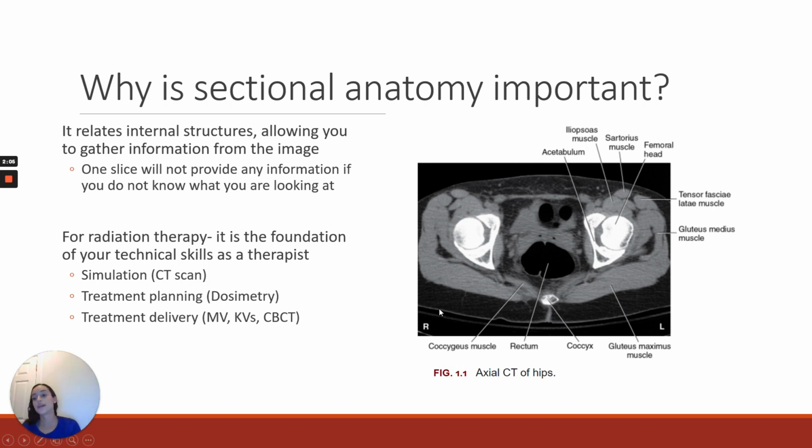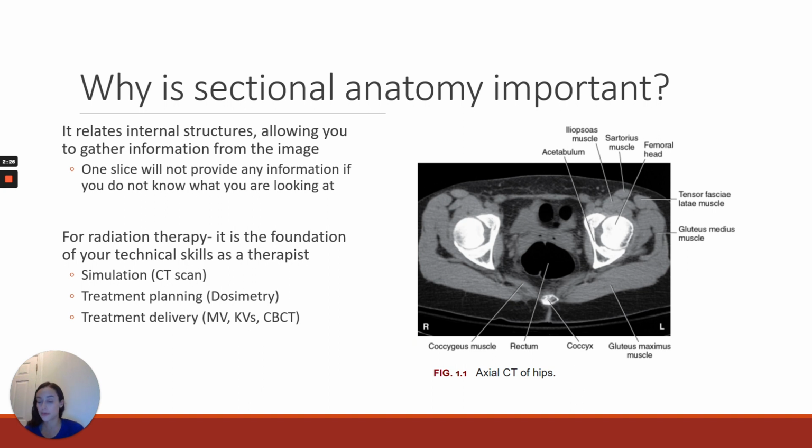I know this because for radiation therapy, being able to analyze images is the foundation of your technical skills. You're going to be sitting in front of computers that are going to be taking images all day long. So when you do a simulation, you're going to be performing CT scans on patients.